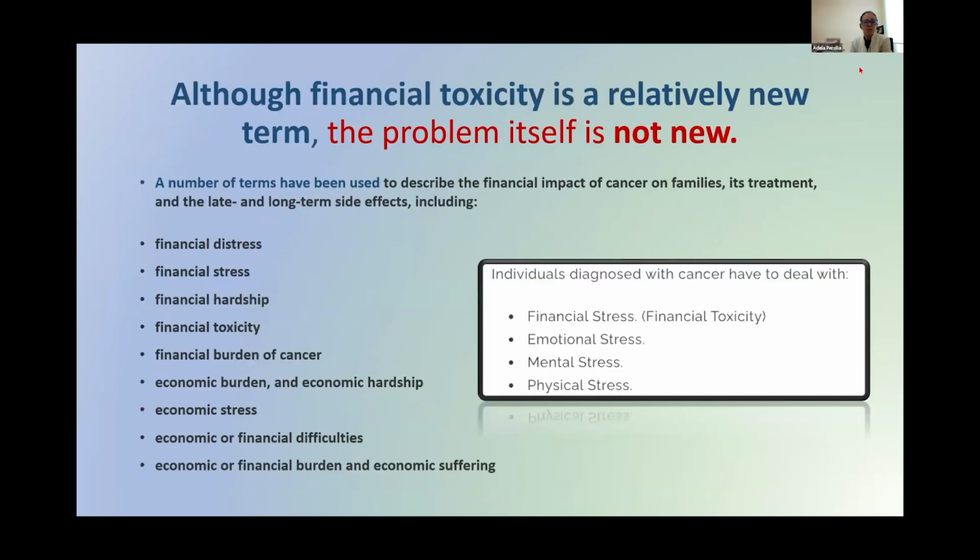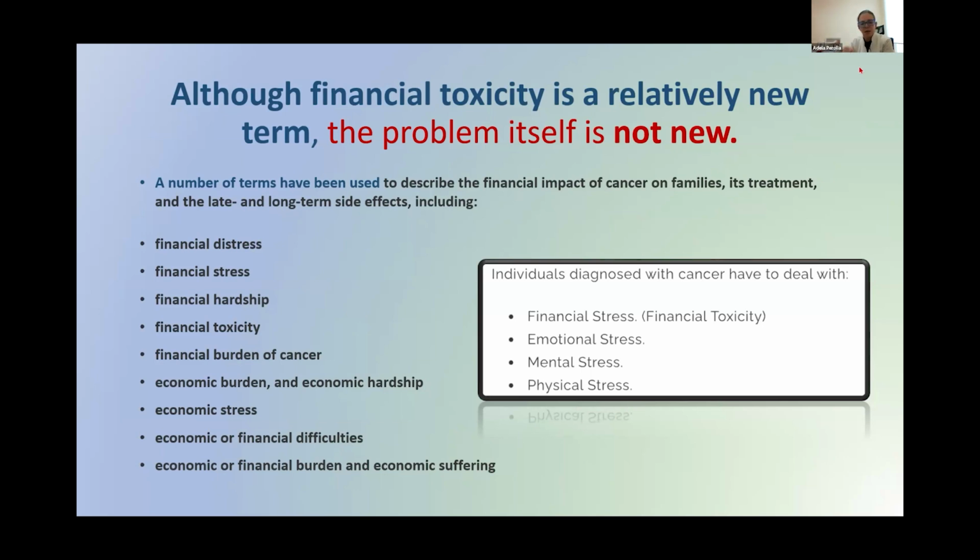But we have a lot of terms when we speak about financial toxicity, because the problem itself is not new. We have financial toxicity known as financial distress, financial stress, hardship, financial burden of cancer, economic burden and economic hardship, or sometimes economic and financial burden and economic suffering.